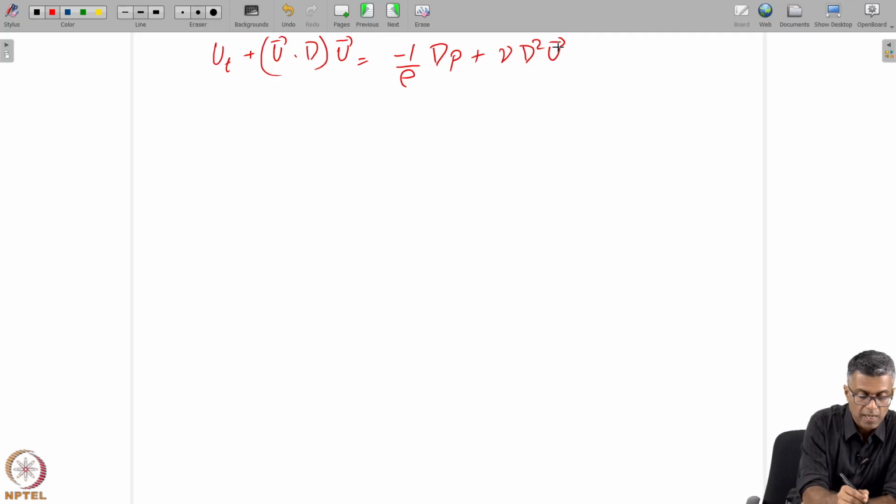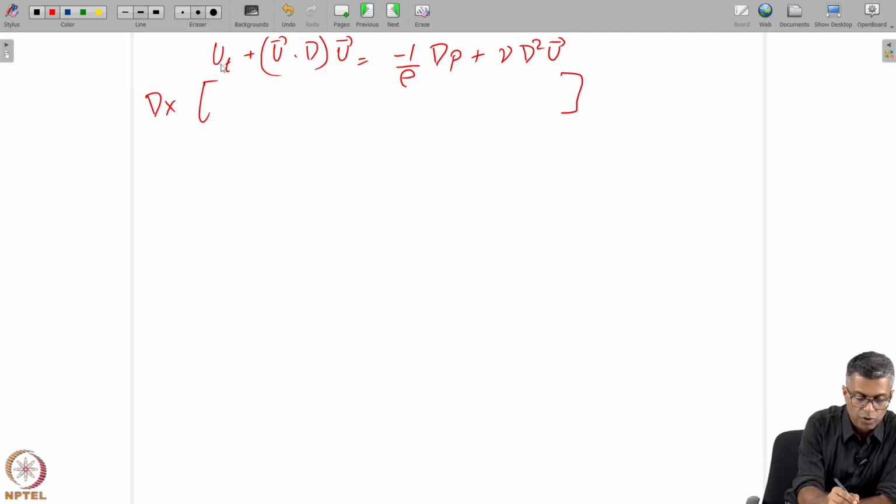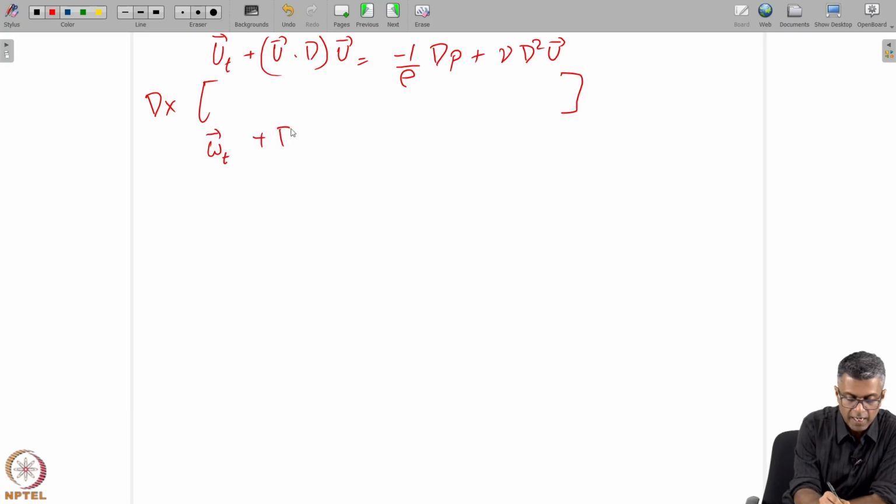Now what I do is I take a del cross of this equation. So del cross of the Navier-Stokes equations. And then what I'll have is del cross u_t becomes omega_t. This is again a vector. Of course, u is a vector. And then I will have del cross, I'll have this u dot del u, very complicated part.